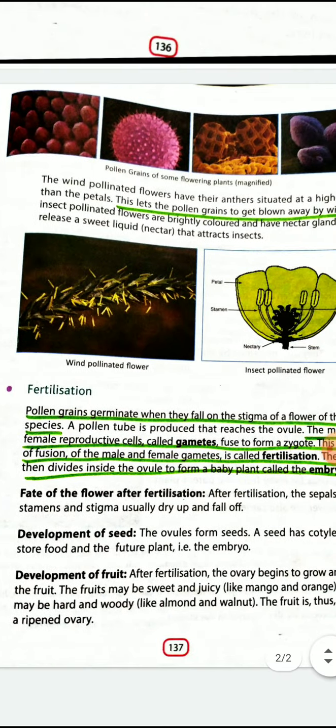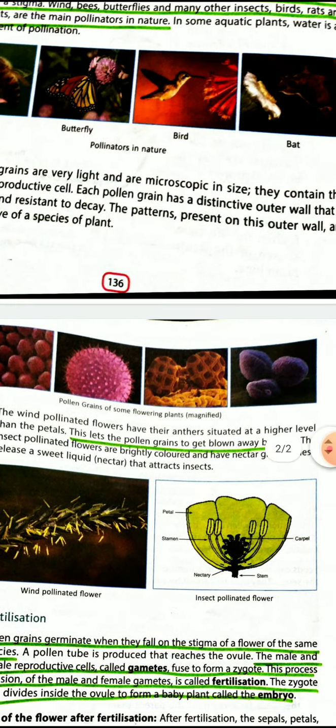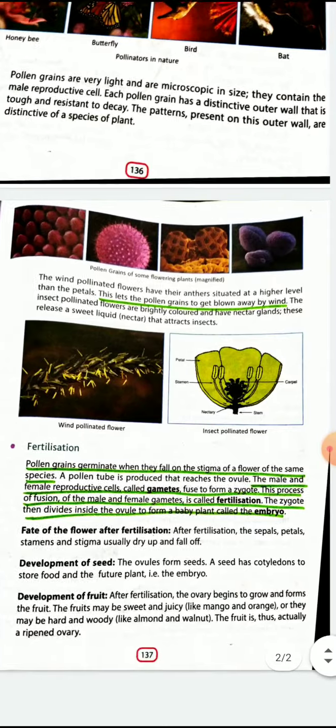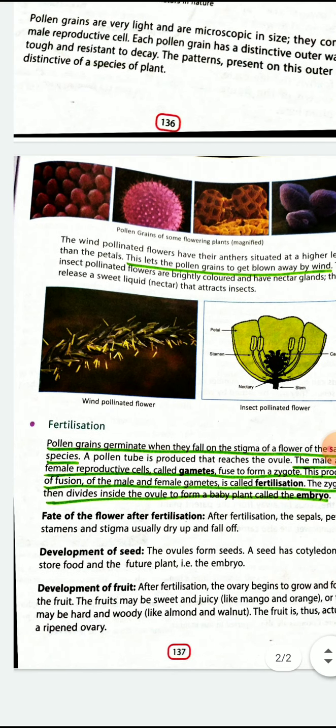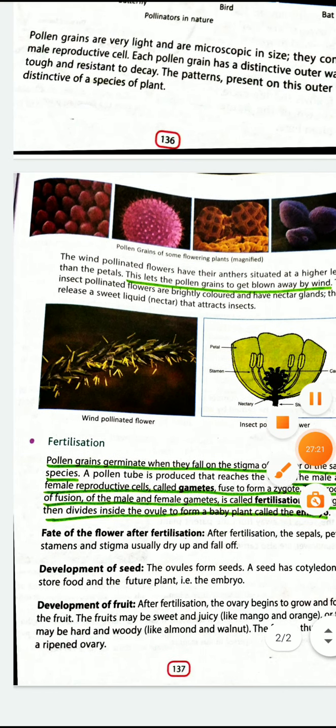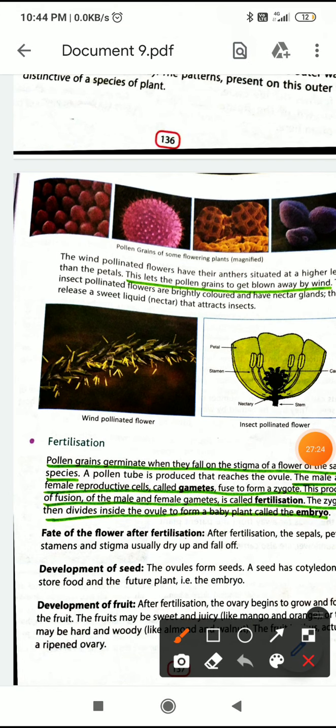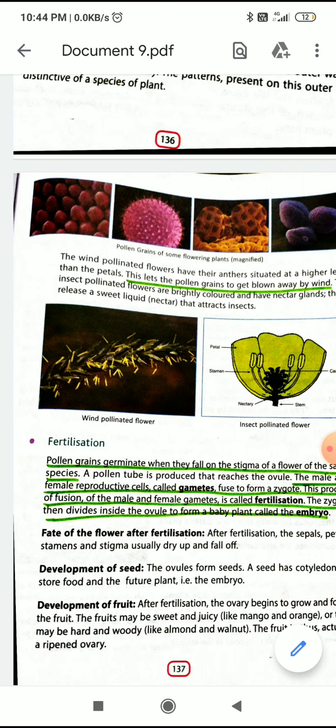So the first very important definition is: what is fruit? Fruit is a ripened ovary. In one line always remember, fruit is a ripened ovary.